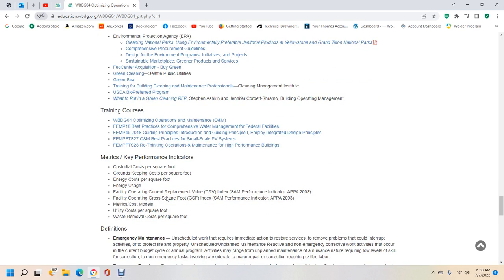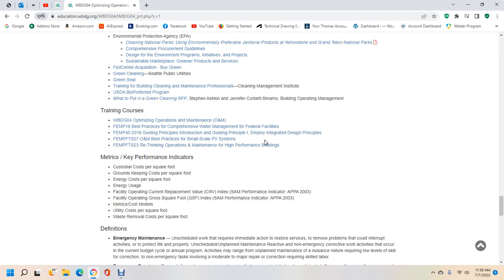Training courses: WBDG, optimizing operation and maintenance, FEMP best practices for comprehensive water management in federal facilities, FEMP guide principles, introducing principle 1, employing integrated design principles, FEMP operation and maintenance best practices for small-scale PV systems, and FEMP rethinking operation and maintenance for high-performance buildings.